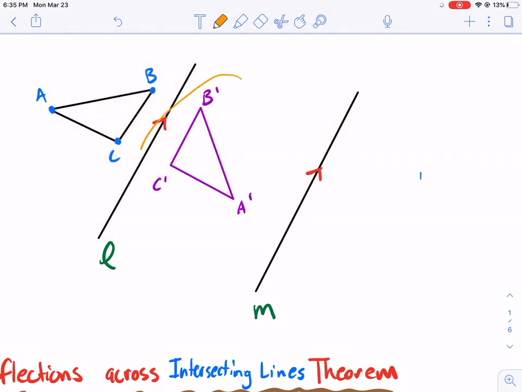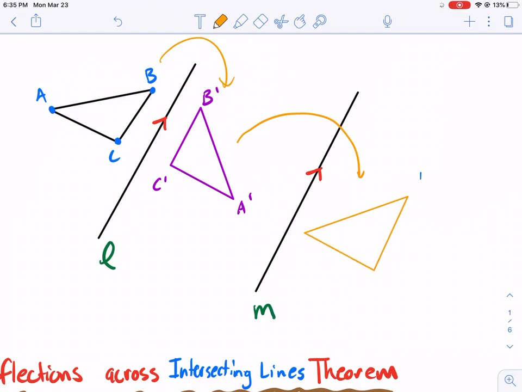So let's say we first reflect the preimage ABC and we have this image. Now, what happens if we decide to reflect this image again? We're going to treat this as a second preimage and reflect it again. What would it look like? Just going off of a basic diagram here, it would look something like this.